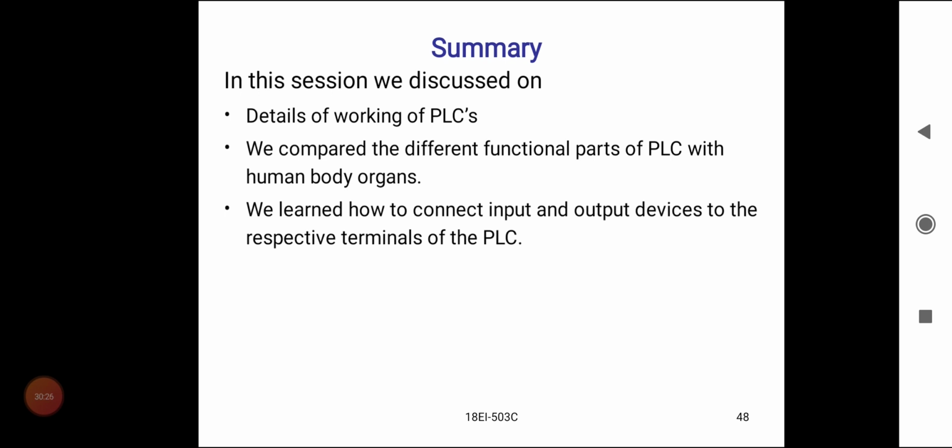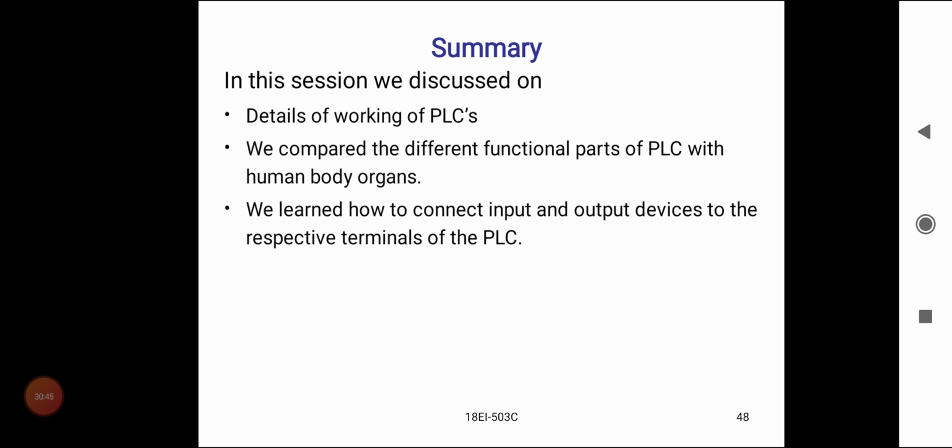The information taken by the human body through its sensors, the signals are sent to the human brain. The brain is the CPU.